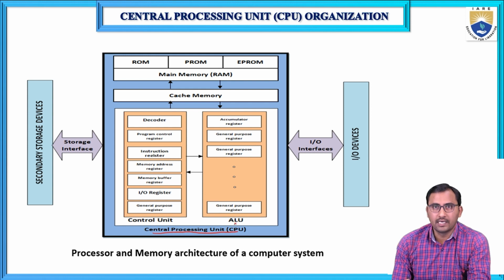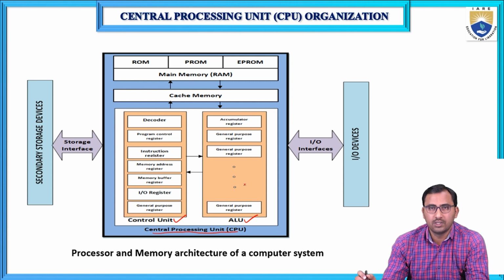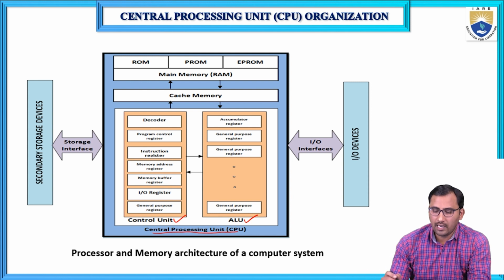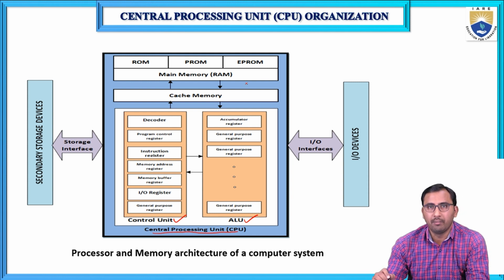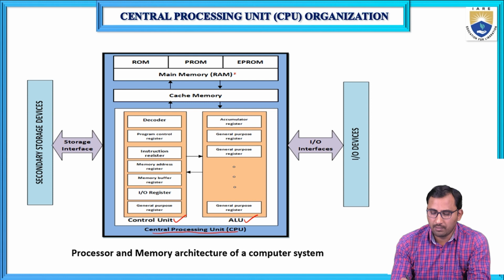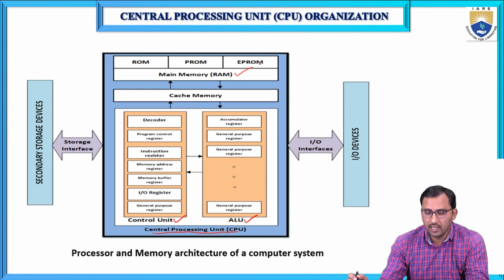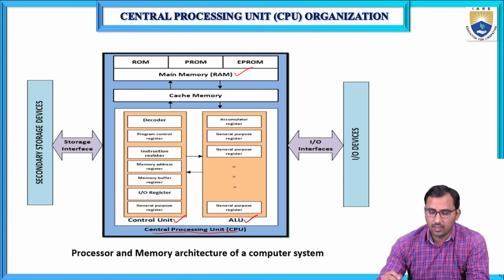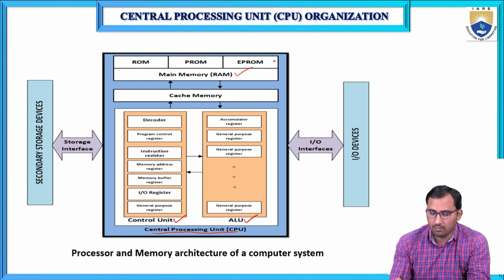Already we know the CPU consists of three subsystems: the control unit, ALU, and some registers. These are the three main important subsystems of the computer, along with some other memory, that is main memory. Main memory is RAM, and also ROM and cache memory.